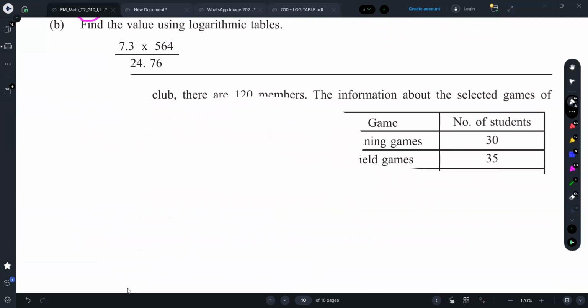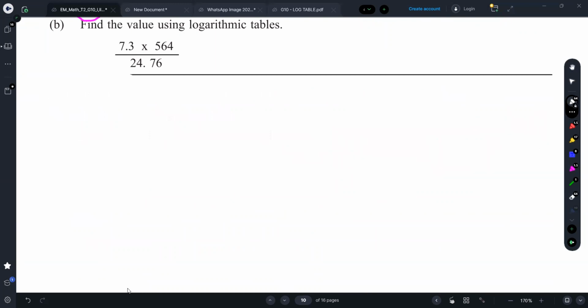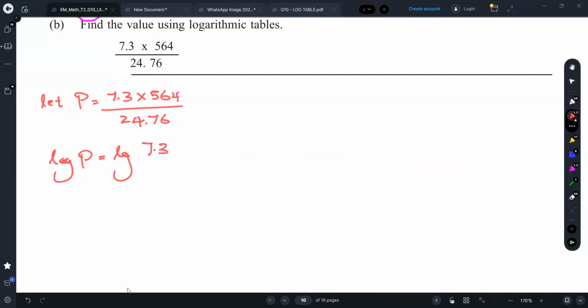Okay, start this. Let's take P equals 7.3 multiplied by 564 divided by 24.76. Log P equals log of 7.3 multiplied by 564 divided by 24.76.